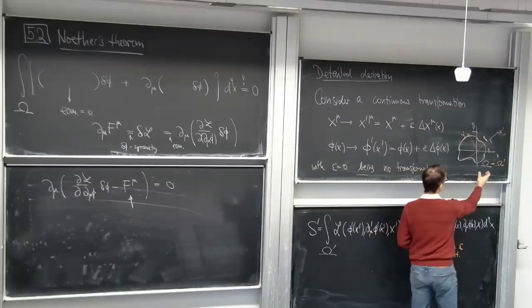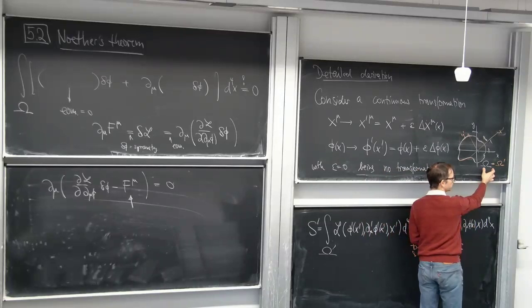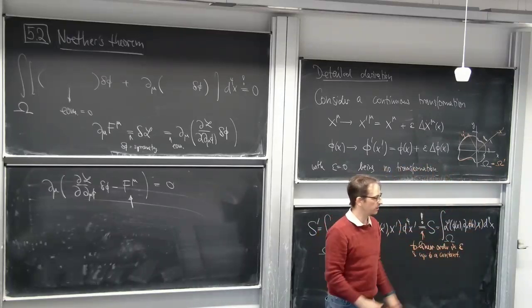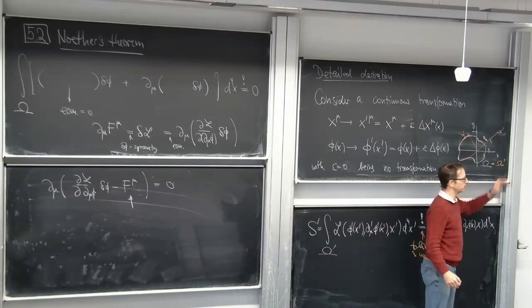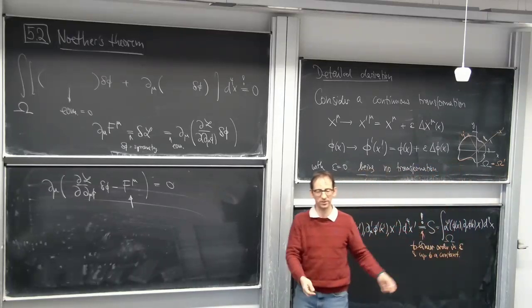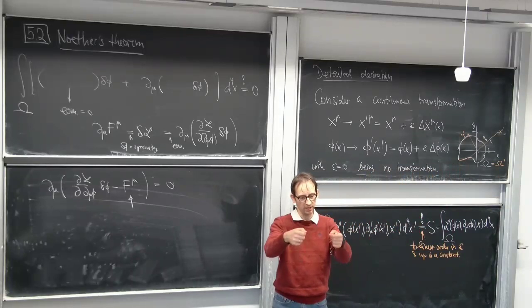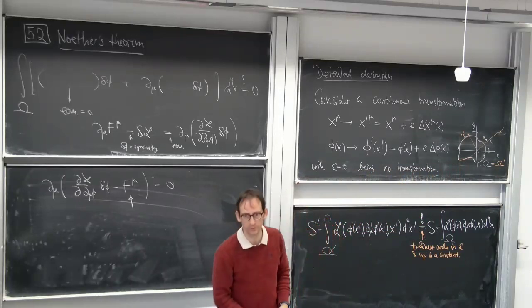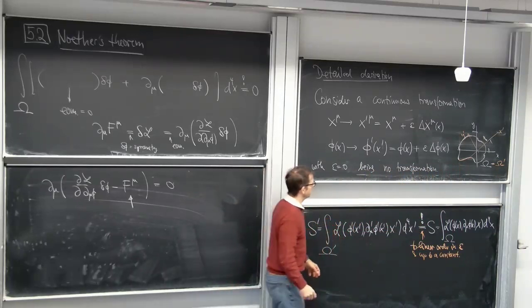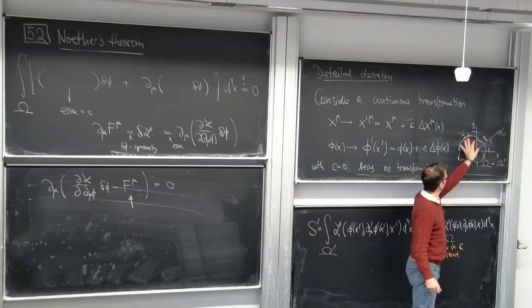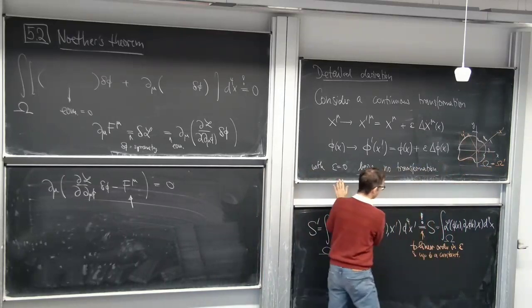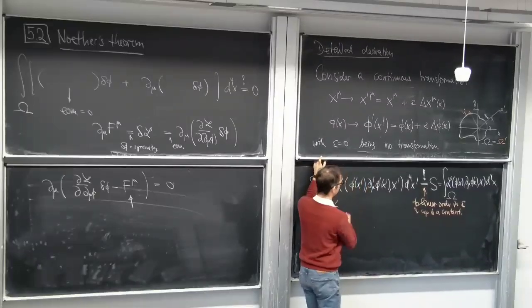Say it's a translation, and this is an interval between 0 and 1, and then you move your labels a bit, and then you have an omega prime. It's supposed to be the same interval, but it has different labels because you've moved it. Now it's not between 0 and 1 anymore, but between 2 and 3, say. So it's the same geometrical thing, but it has different integration regions because you have different coordinates.